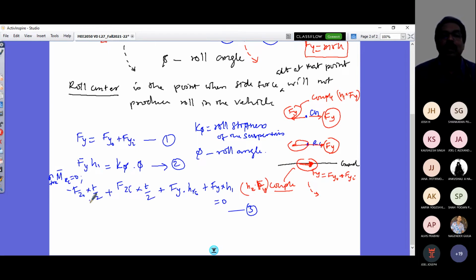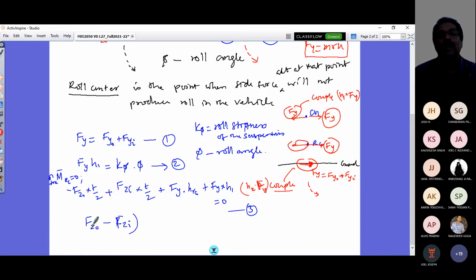I will take now this has got F_zi. So what is the change in normal load is what I am interested in. So if I take this negative term on the other side of the equation, it is F_zo minus F_zi. This I take on the other side, F_zi.